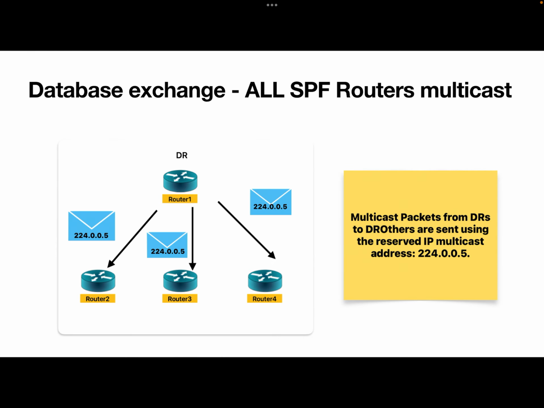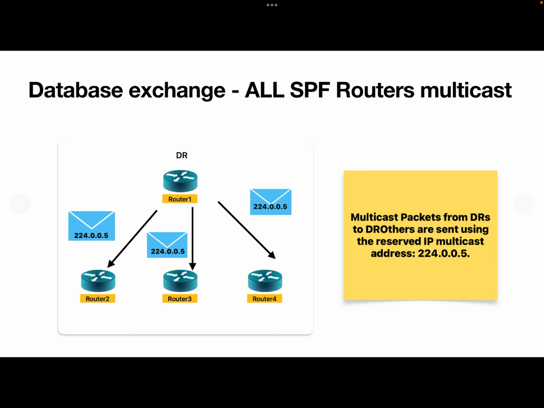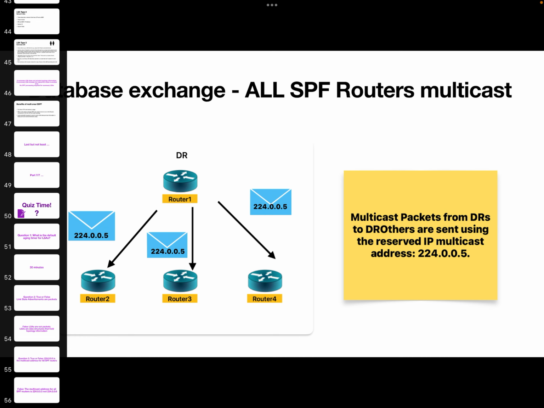That's the all OSPF multicast message. So here you can see the designated router sending these packets to that reserved multicast IP address, 224.0.0.5.